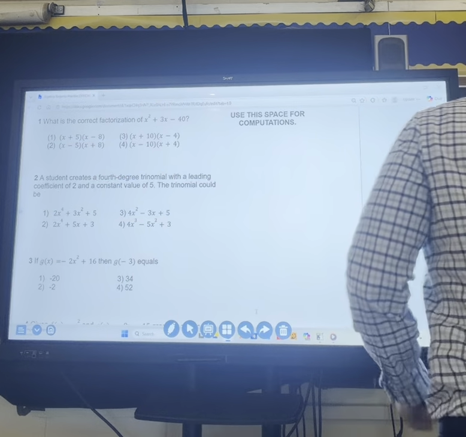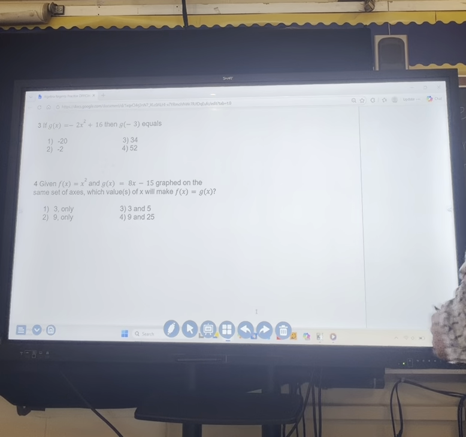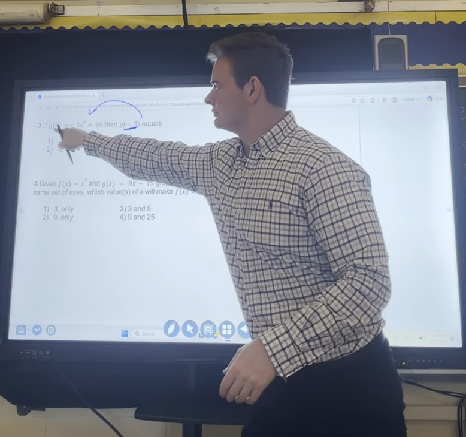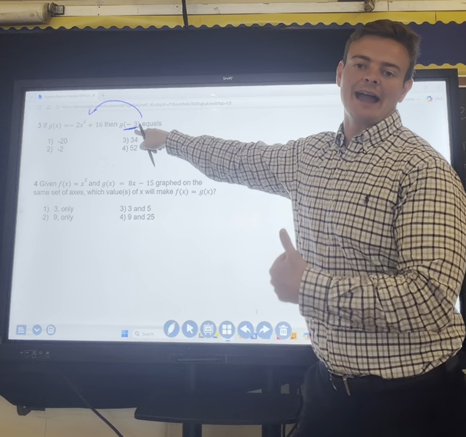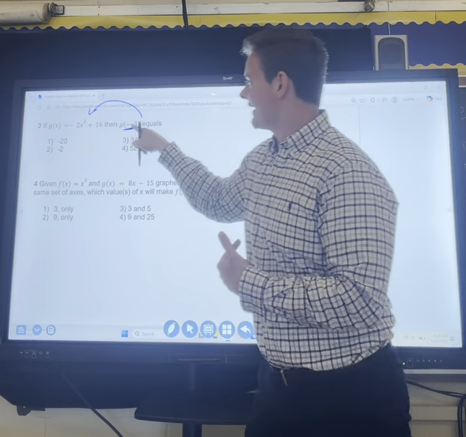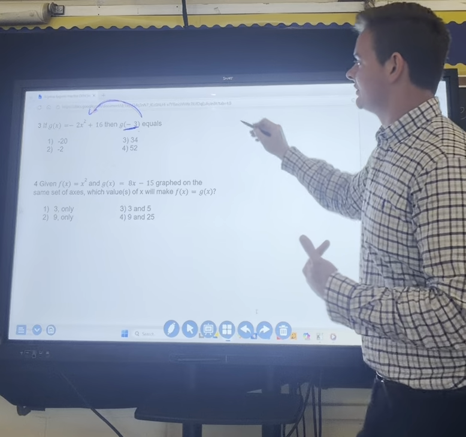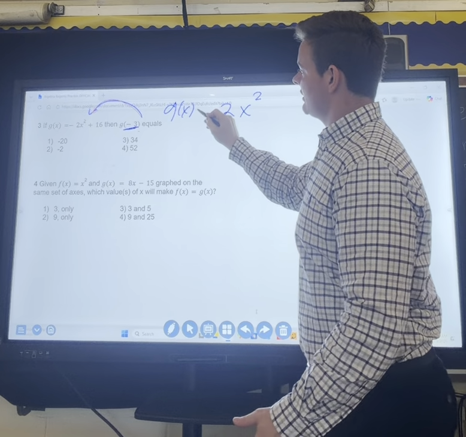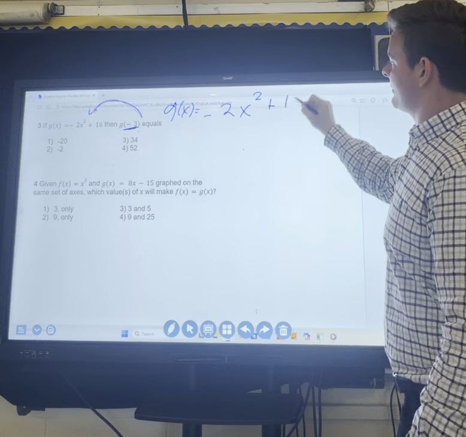Number 3, I just plug this into there, right? Because it wants to know g of x when x is negative 3. So I replace the x with negative 3 in my equation. So g of x equals negative 2x squared plus 16.